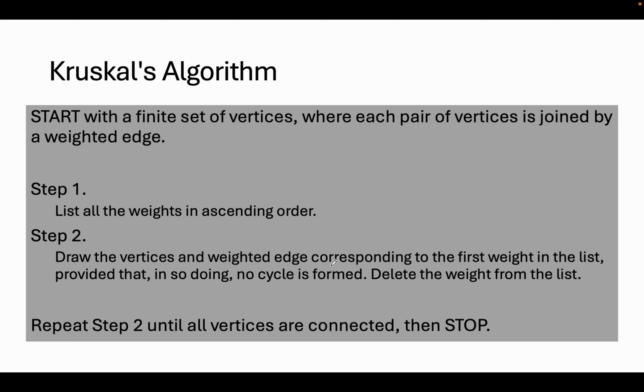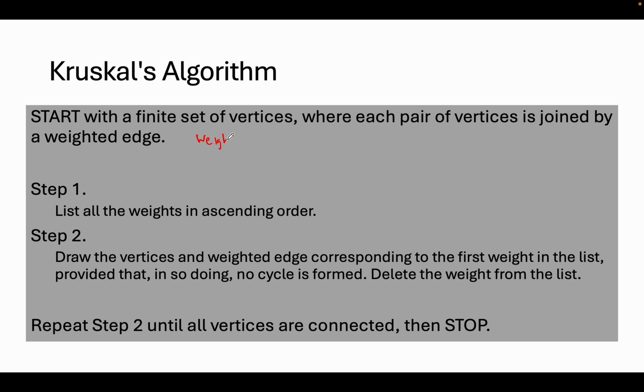Okay, so we'll start with Kruskal's algorithm, the version that they have in the textbook, where we start with a set of vertices, and each pair is joined by a weighted edge. So this is just saying we have a weighted graph. Our first step is to sort all the edge weights.